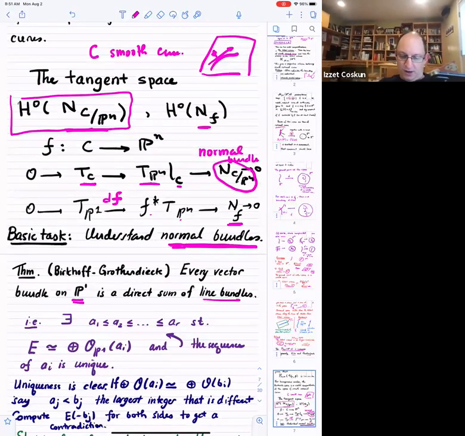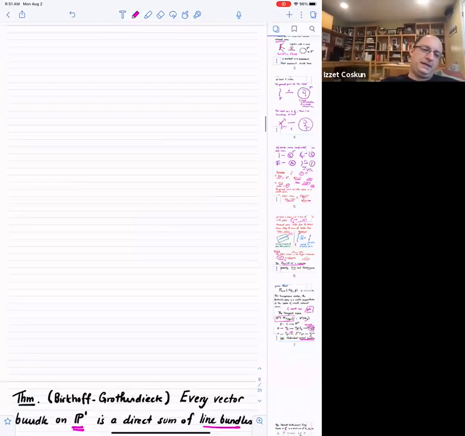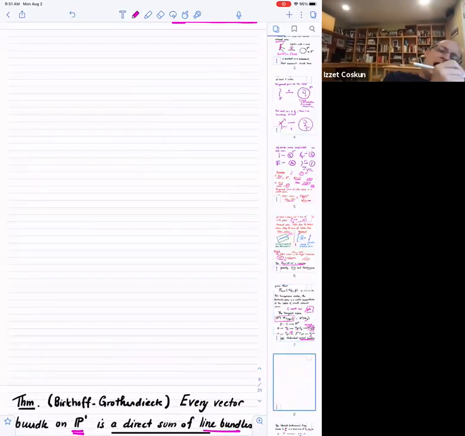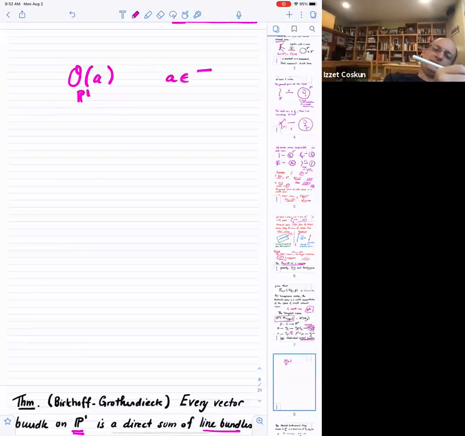So maybe before I do this, let me add a page here. You see, line bundles on P1, we understand. Every line bundle on P1 is of the form O(A) for some integer A. So these are all the line bundles on P1.